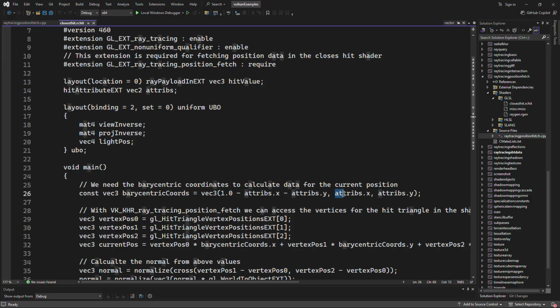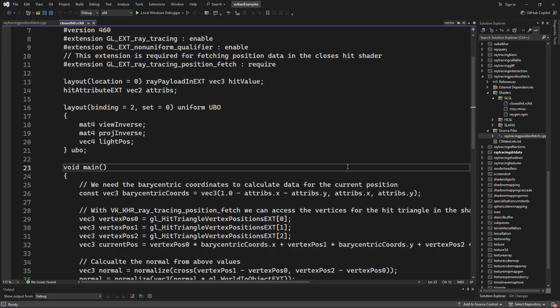So we know what x is, we know what y is, and we have an unknown z. But we can calculate z: we just take the number 1 minus the weight for X and minus the weight for Y, and then we get our Z value. So this is the Z value, this is the X value, and this is the Y value.